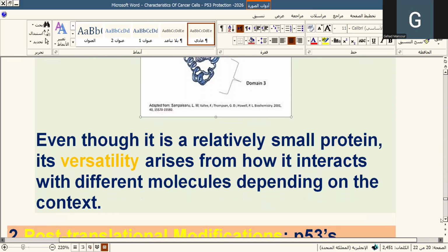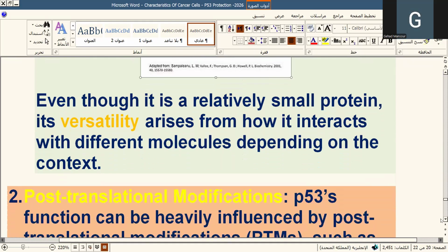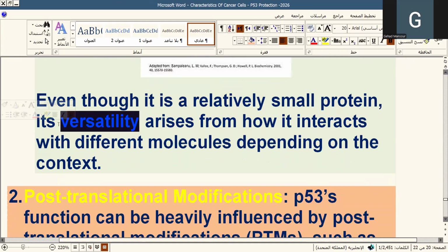So even though it is a relatively small protein, it is a versatile protein, meaning that it has several domains with several different shapes, with several different charges on those domains, and therefore can bind with different signaling molecules.